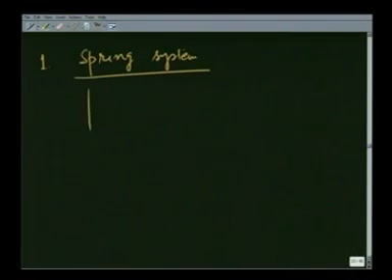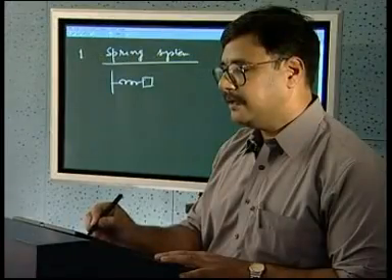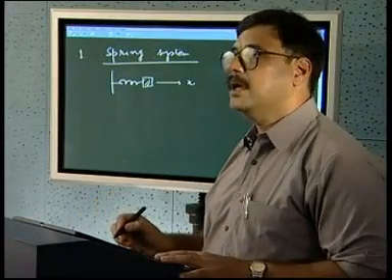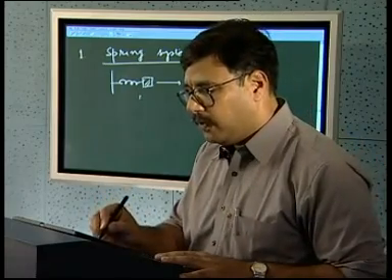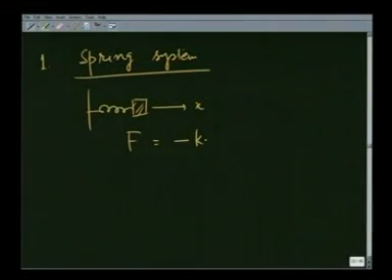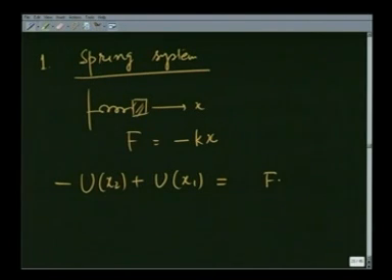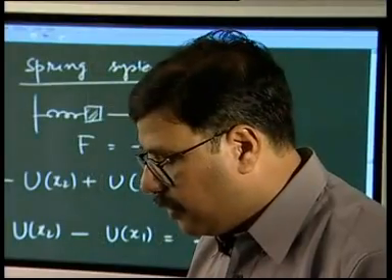System in which if a particle is displaced by distance x from the equilibrium position, the force F applied by the spring is minus kx, and therefore, if I were to calculate U(x2) minus U(x1), according to our interpretation, the difference in the potential energy from point 1 to point 2 is going to be the force applied by me.